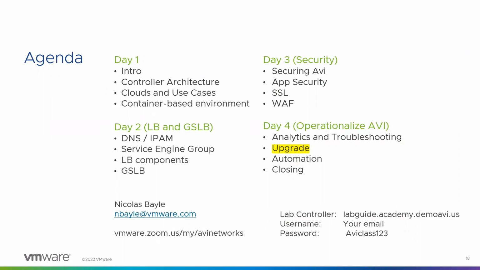I just want to emphasize that if you are using legacy load balancers, I really hope that you get a chance right now to see the difference between troubleshooting AVI and troubleshooting some of the legacy load balancers you might have in your environment. I worked for a system integrator, dealing with customers and clients on a daily basis. When I came across AVI, it really changed my day-to-day operations.